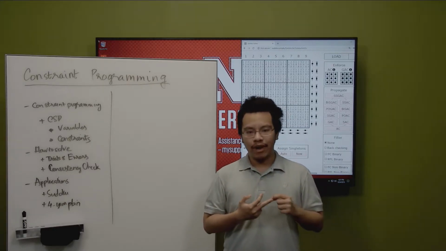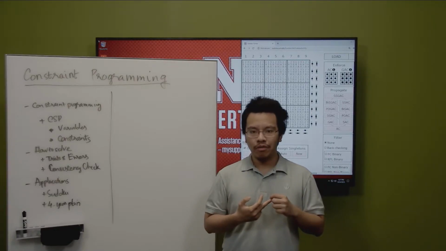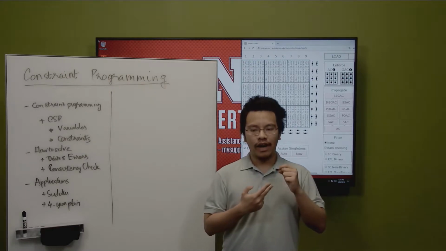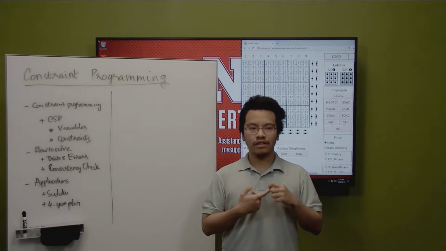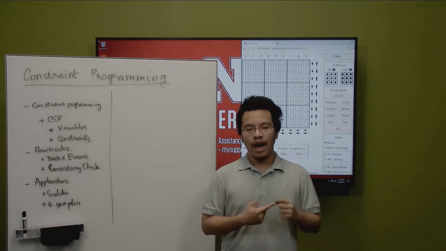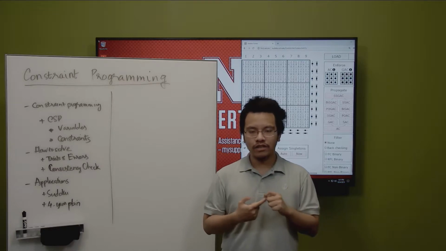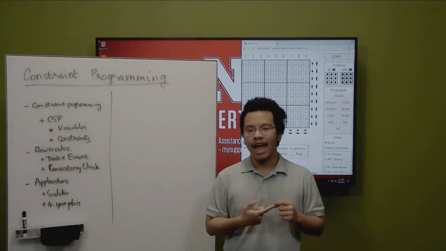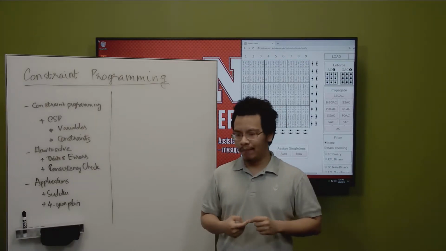A variable is an object that can take multiple values. Those values altogether are called the domain of the variable. The second part of a CSP is a set of constraints. A constraint is a rule that the combinations of variables have to follow or satisfy, and thus we have the name constraint satisfaction problem.